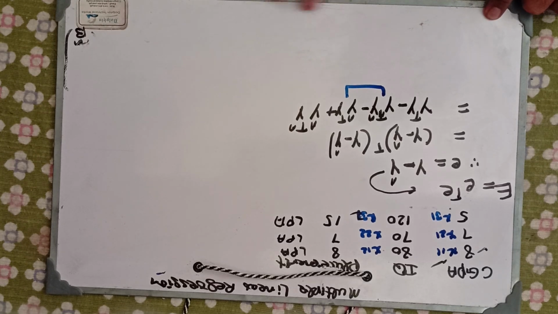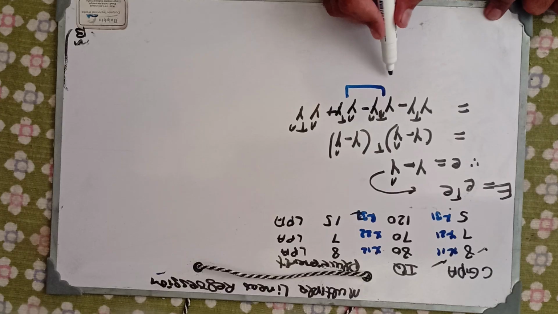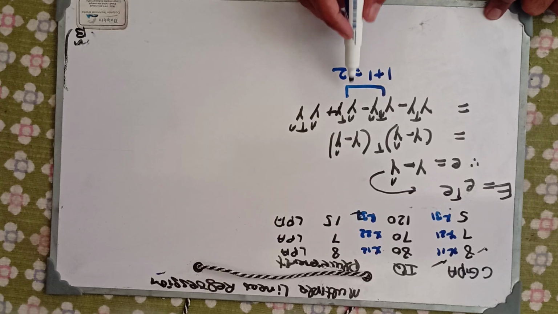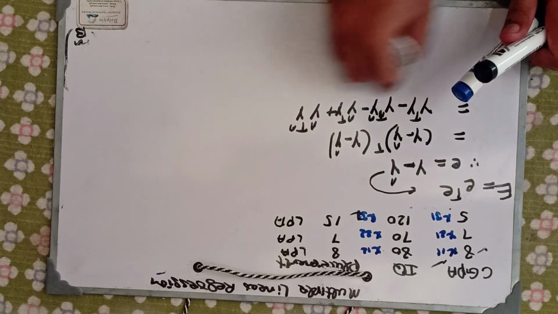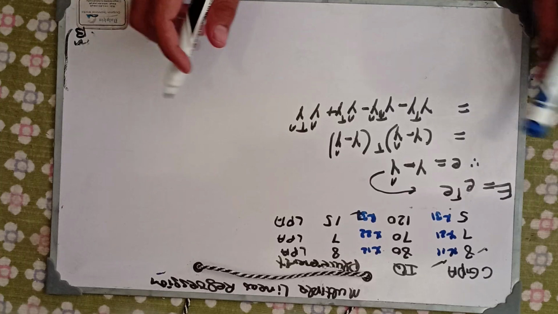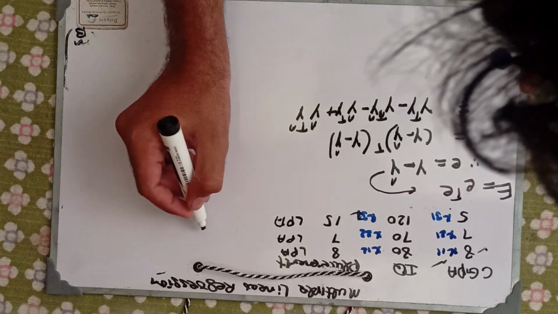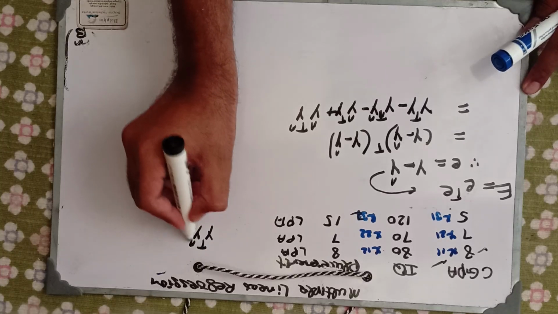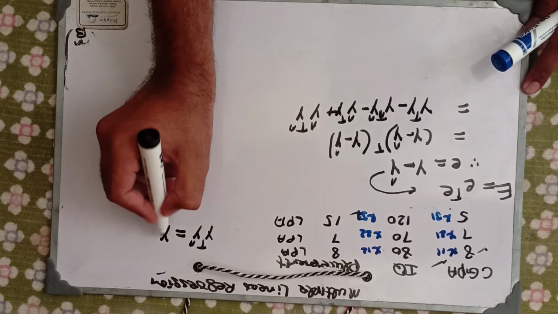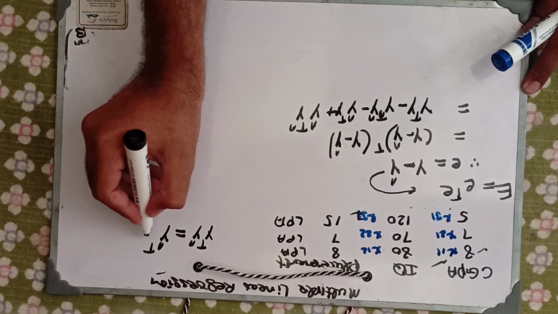First of all, I want to prove that these two middle terms are the same. If we prove these two are the same, we can write 2 here, which means we will add them. So in order to prove this, let me write here y transpose y hat equals y hat transpose y.